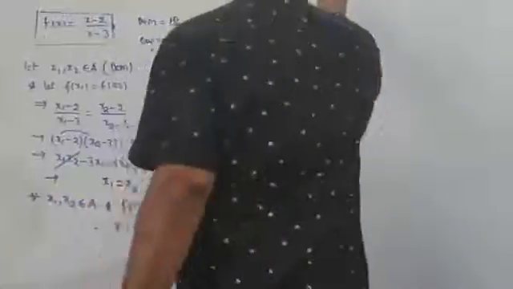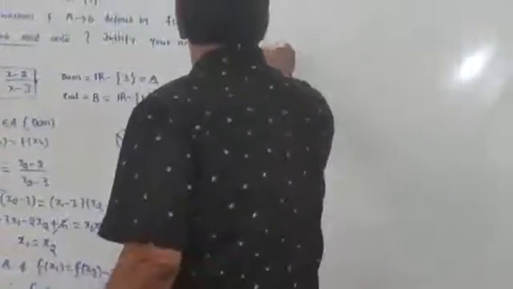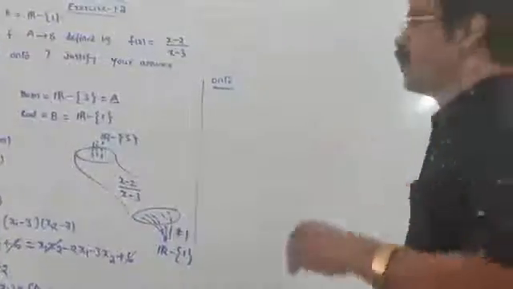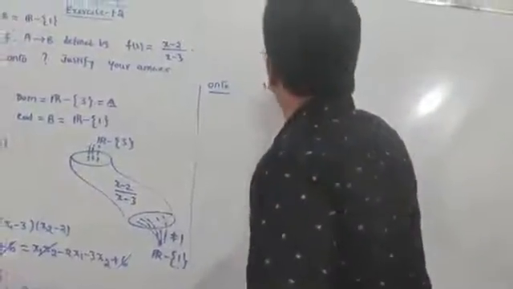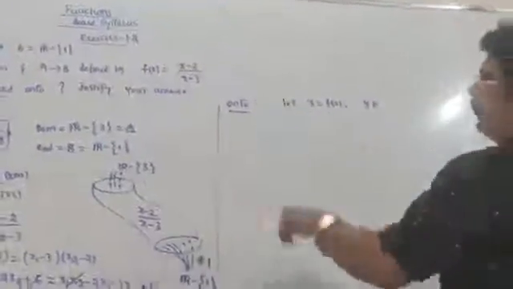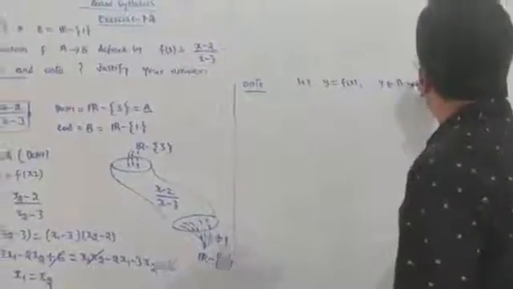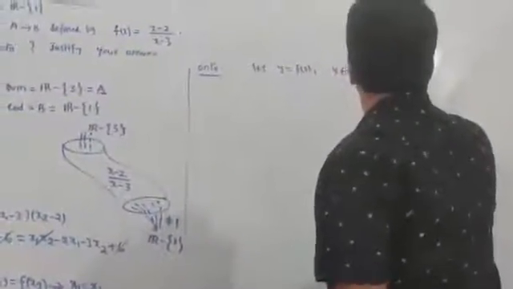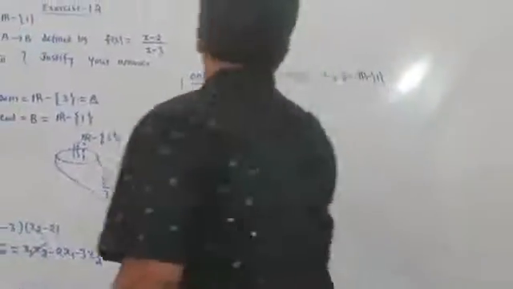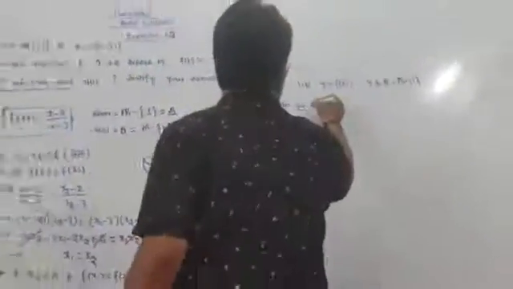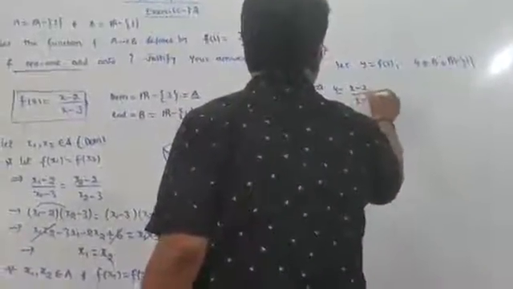Next, onto function. For onto function, as usual the procedure is: let y is equal to f of x, where y is from the codomain, meaning capital B. Capital B means any real number except 1. So that implies y equals f of x, which is x minus 2 by x minus 3.